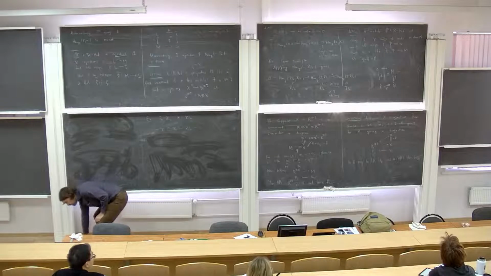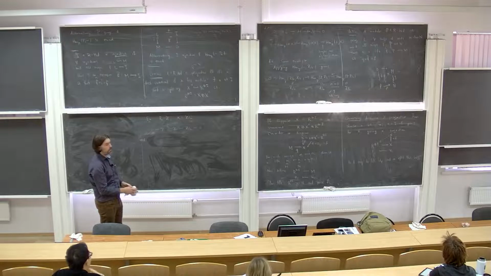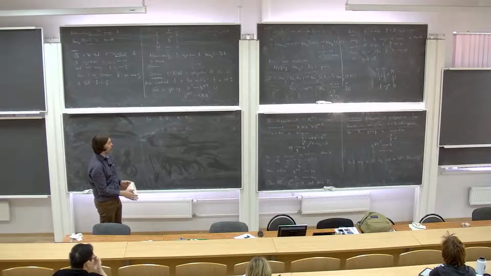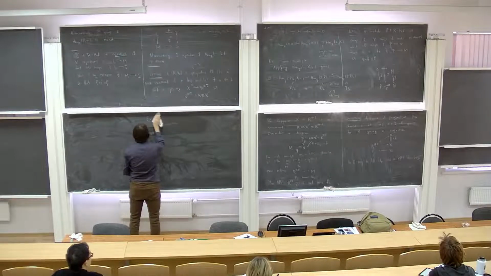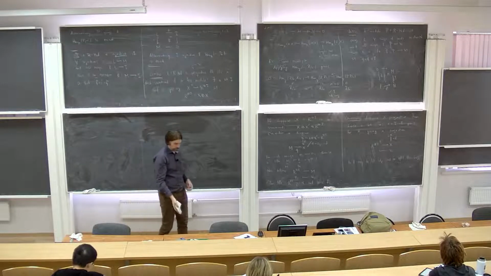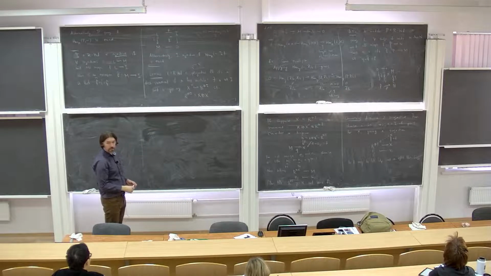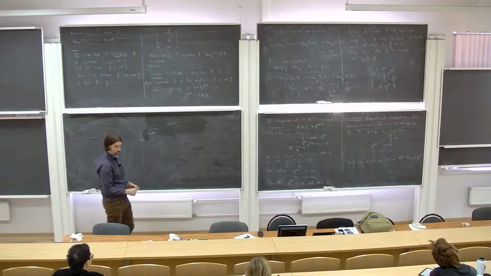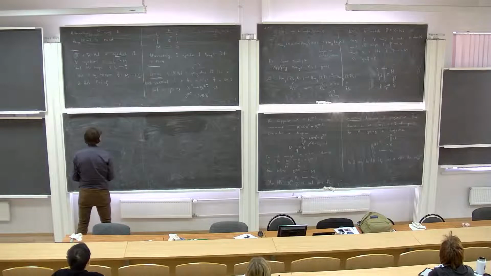The lift will be injective because if you compose it with the quotient, it's the identity. So there could have been no kernel. Any more questions about that? No? Okay, very good.